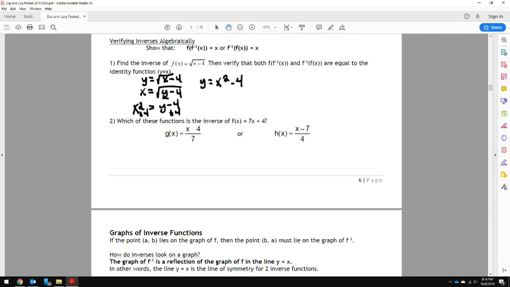So we check by plugging in our new equation. This is our f inverse here. And so we plug that into the original equation.